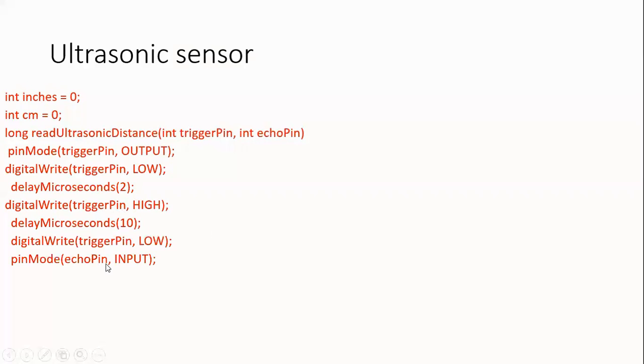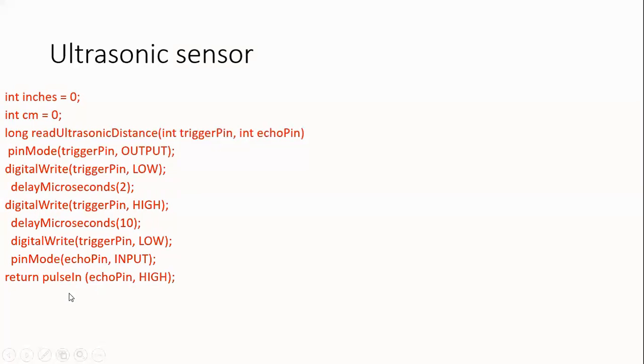Next, we configure the echo pin as an input. As we configure the echo pin as an input, the signal starts being received here. Got it? So we write high on the echo pin, and here what will happen?